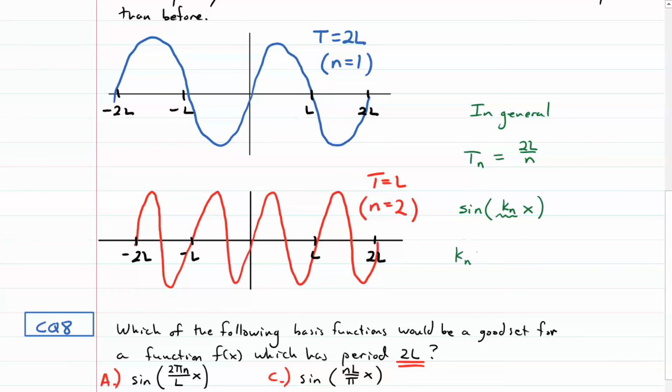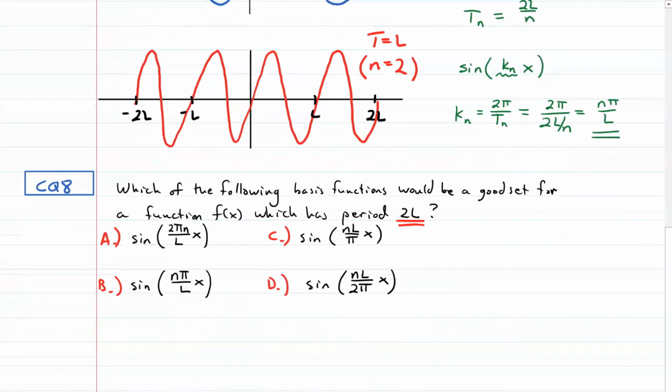So kn is 2 pi divided by the period. And so now let's just substitute in 2 pi divided by 2L over n. That's n pi over L. So now we know the set of basis functions I need to use. It's the one which has n pi over L in front of the x.